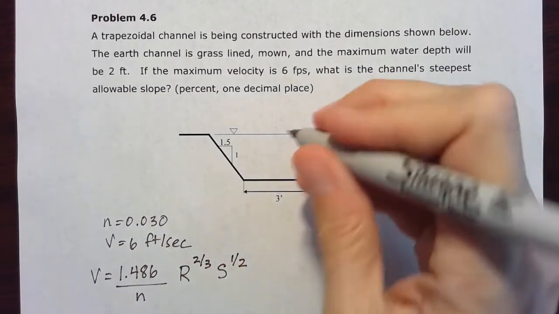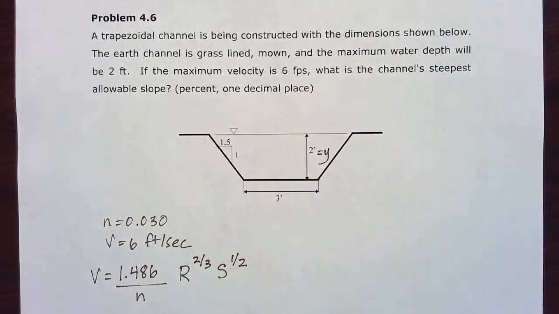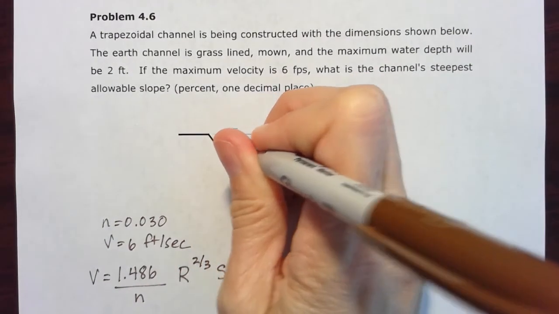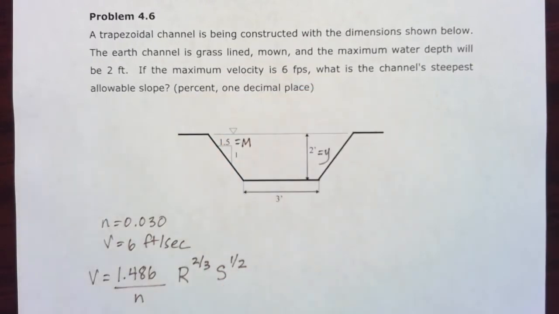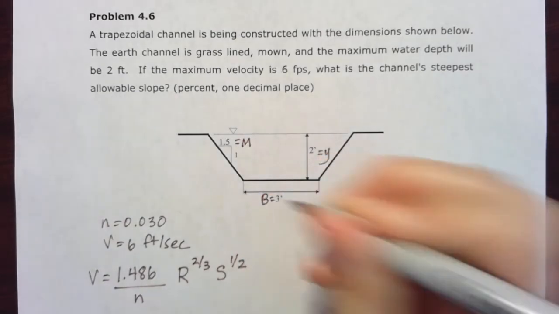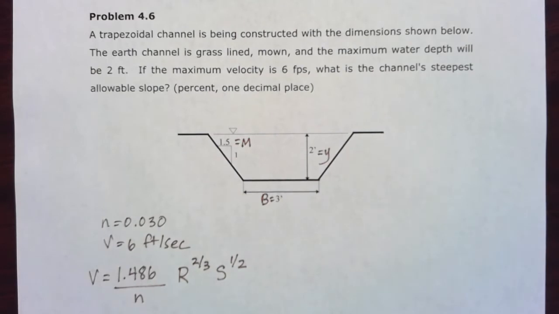We're given that the depth of flow is 2 feet, so we'll call that the variable y. The side slope is 1.5 to 1, so we'll call that horizontal component the variable capital M. And then we also know that the base has a width of 3 feet, so we'll call that capital B. With our variables here, the first thing we're going to do is go ahead and find that area.